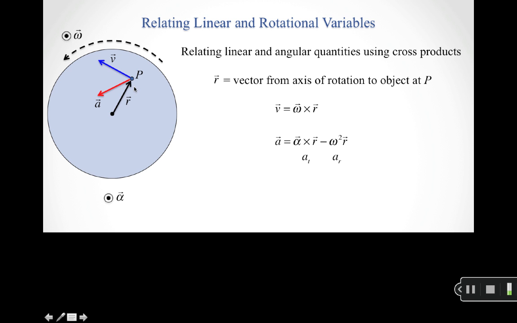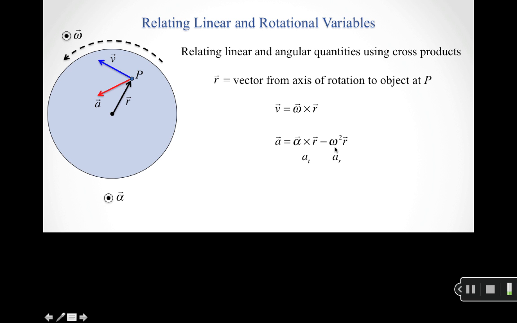But here, using this vector r, I can now define the linear velocity as equal to a cross product between the angular velocity and this vector r. So using our definition of cross products, I can define my linear velocity this way. I can define the tangential acceleration, again, in terms of this cross product between alpha and r.